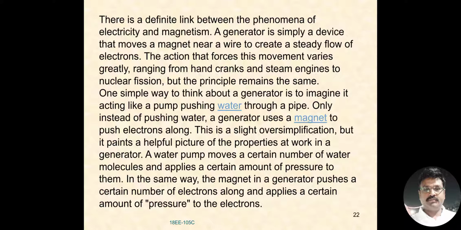A water pump moves a certain number of water molecules and applies a certain amount of pressure to them. In the same way, the magnet in a generator pushes a certain number of electrons along and applies a certain amount of pressure to the electrons.